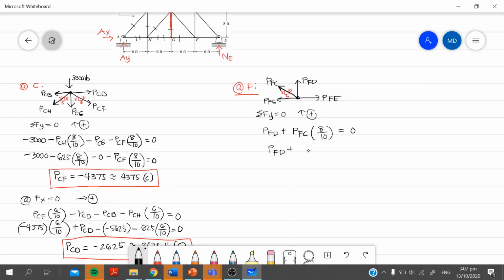So that is negative 4375 times 8 over 10 equals 0. So solve for FD.